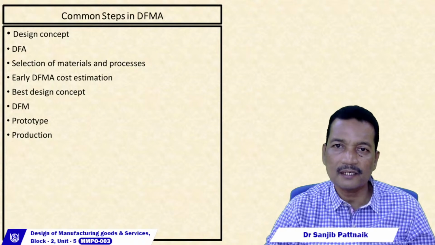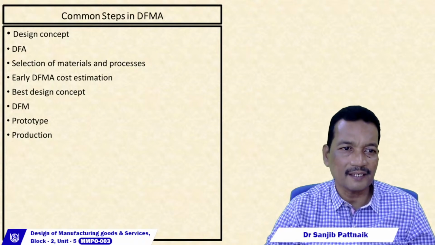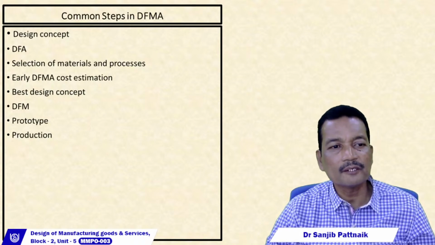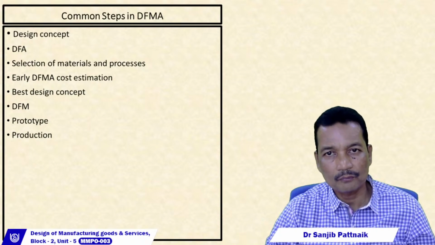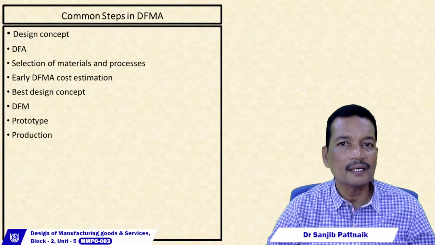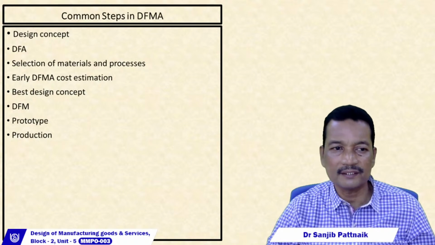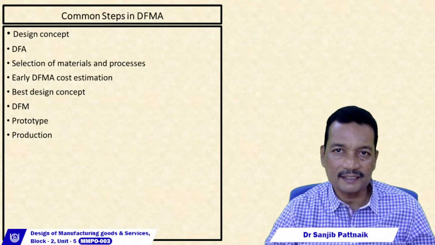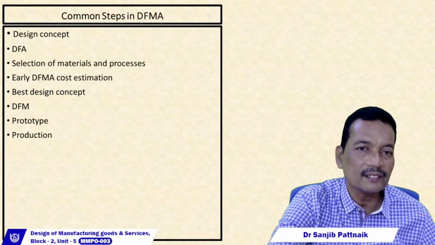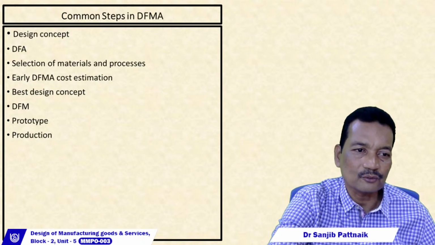Nowadays it is particularly by use of computers and AI, and we develop the prototype which is used in labs or in fields. Once it is accepted by lab testing and fields, we go for actual production.